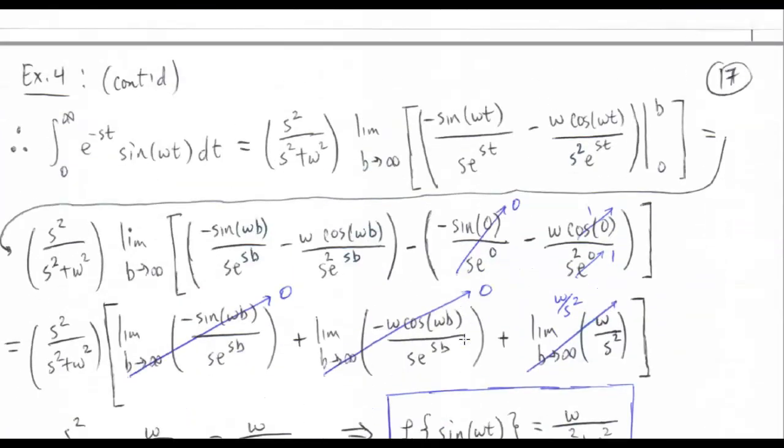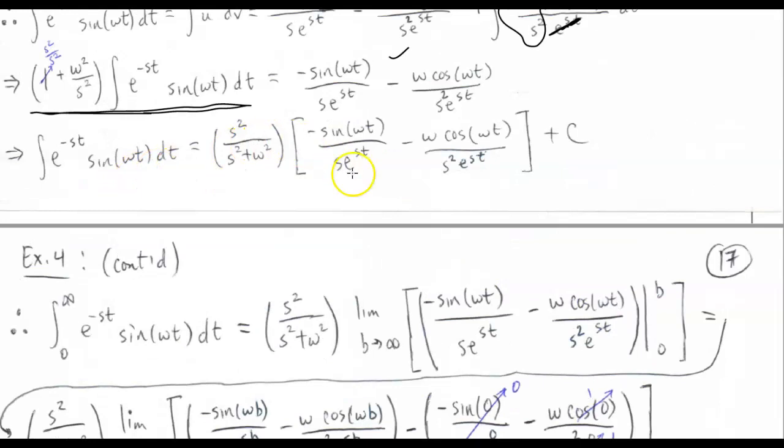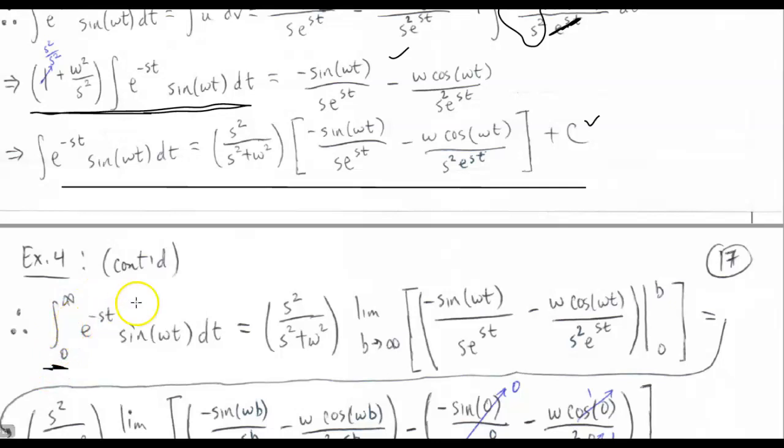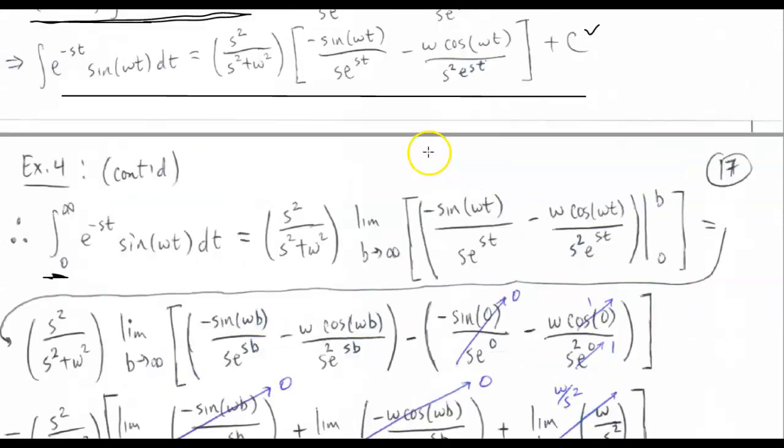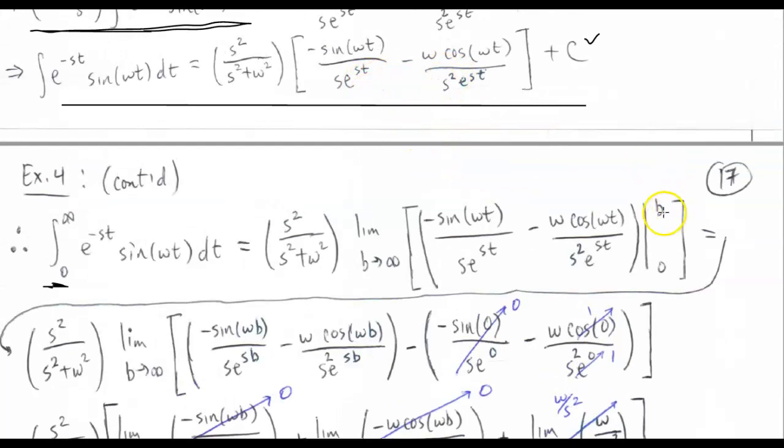So if I keep going here, now that I know what the actual antiderivative is, of course, I got the plus C on there, but since I'm going to be doing an improper definite integral, so to speak, I'm not going to need the plus C. So I go in, I know this is a constant, evaluate the limit of what's left from 0 to b.